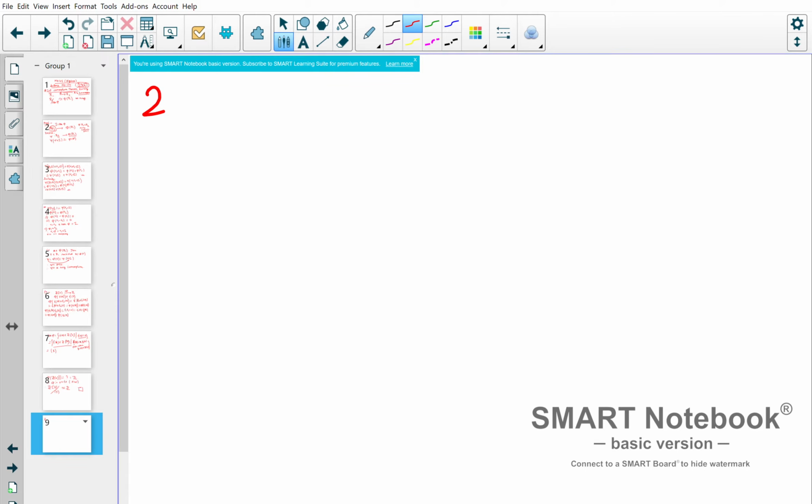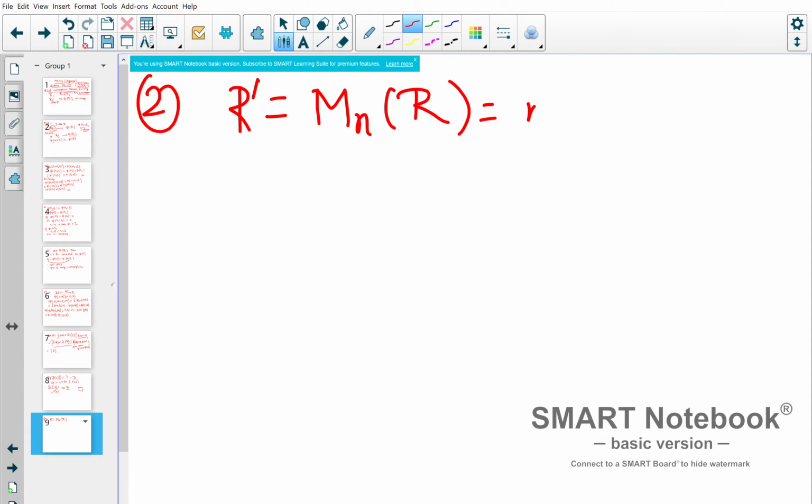So let me take my ring R, and this is some n cross n matrices over the ring R. So you choose any ring, not a field, and then you define the n cross n matrices over the ring R. What does the ring R mean?